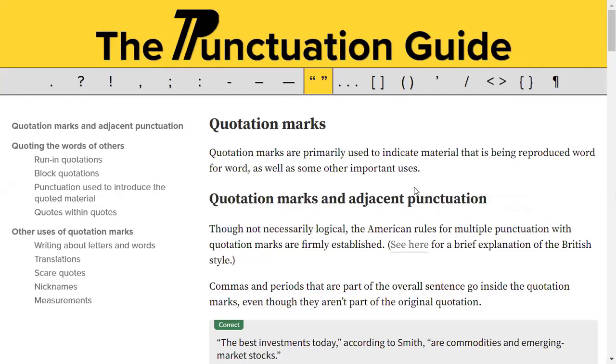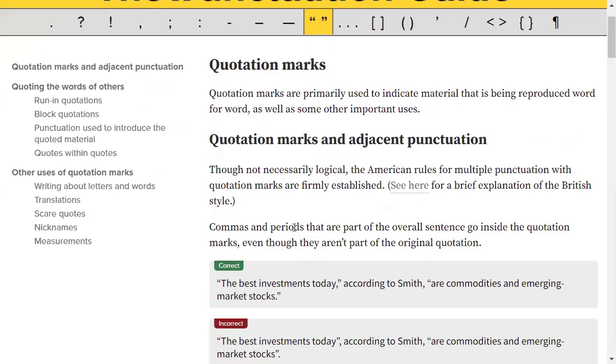Quotation marks. Quotation marks are primarily used to indicate material that is being reproduced word for word, as well as some other important uses. Quotation marks and adjacent punctuation. Though not necessarily logical, the American rules for multiple punctuation with quotation marks are firmly established. See here for a brief explanation of a British No, style. don't read this. Read from here.